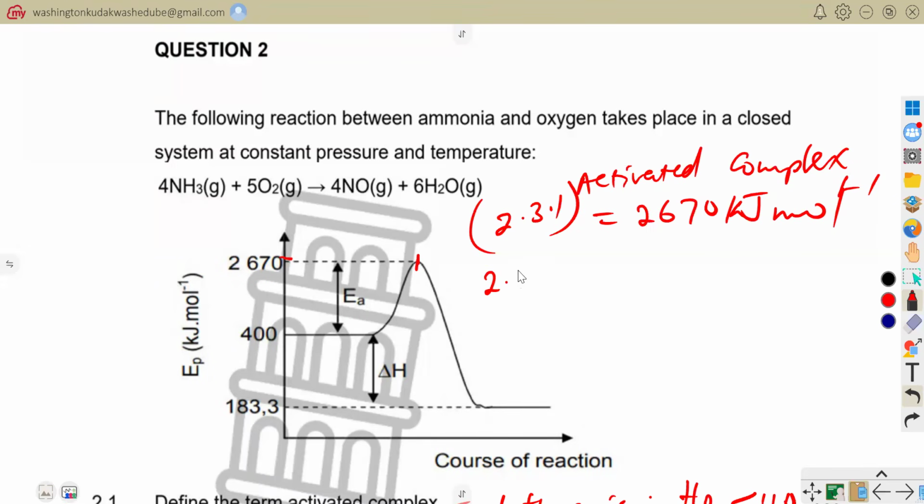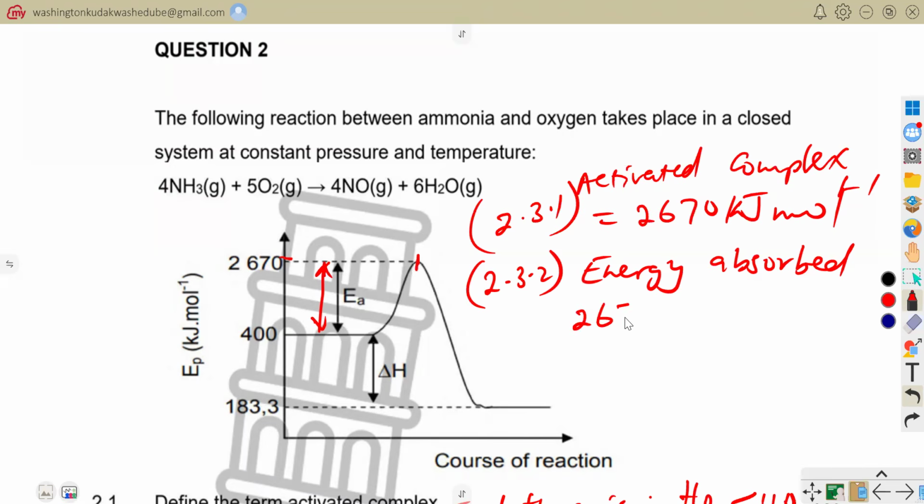And then what about 2.32? For 2.32, we are looking for the energy absorbed. Energy absorbed is this difference here that you are seeing. This difference is the activated complex minus the what? The reactants. So this was just going to be 2670 minus 400.